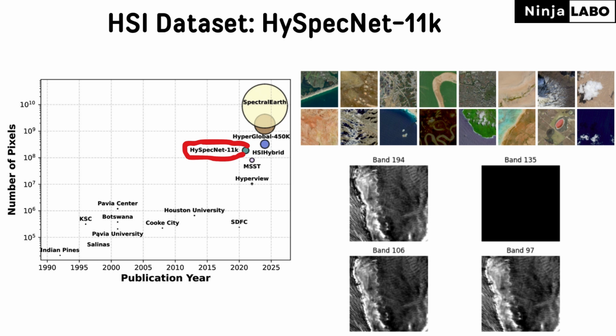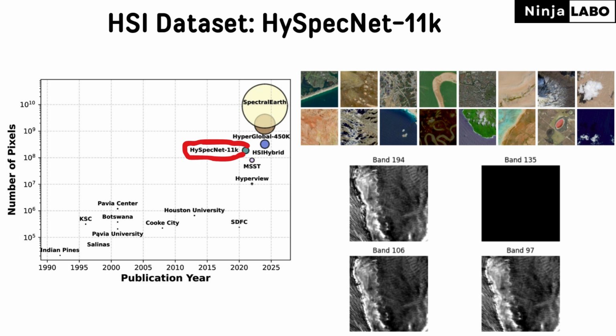Dataset. One of the challenges is to find a suitable HSI dataset. There are not so many available. As seen on the left, a lack of HSI datasets means a lack of pre-trained HSI models to compress. So we need pre-trained DNN models.